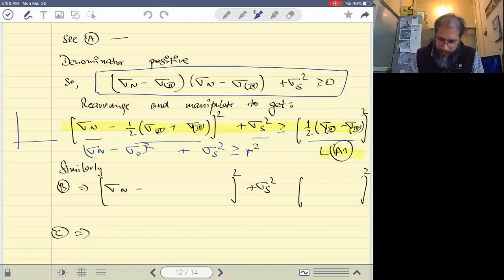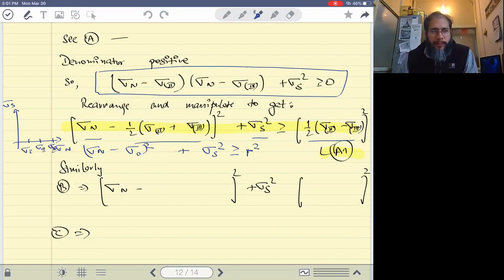We have the sigma s in the y direction and sigma n in the x direction, and I plot sigma 1, sigma 2, and sigma 3 on the x-axis. The reason I plot them on the x-axis is because sigma 1, sigma 2, and sigma 3 correspond to the principal values, which is purely in the normal direction. There's no shear component for principal values.